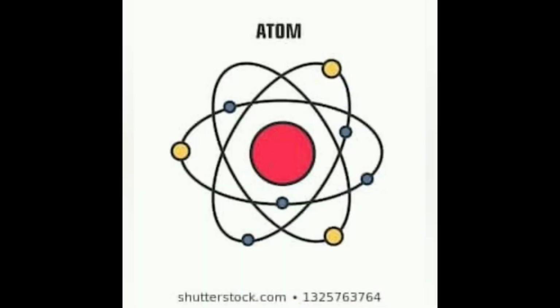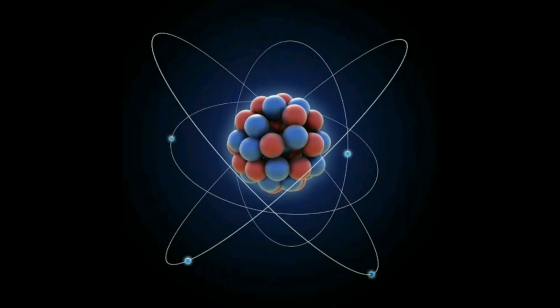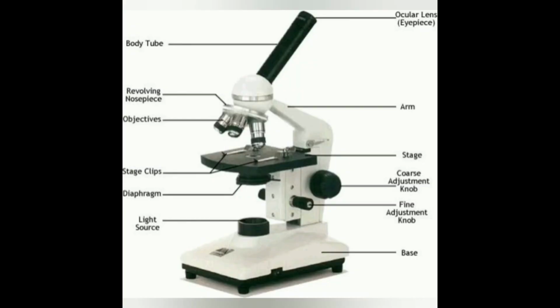A standard sheet of paper is about millions of atoms thick. So when we take a very thin sheet of paper, that sheet of paper is made up of millions of atoms. Science has come up with a technology to identify the structure of atoms by using the atomic resolution microscope, ARM.